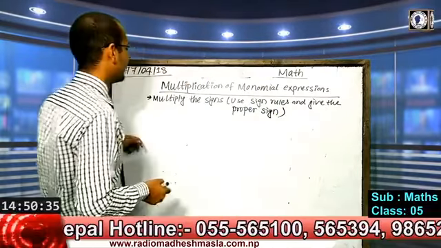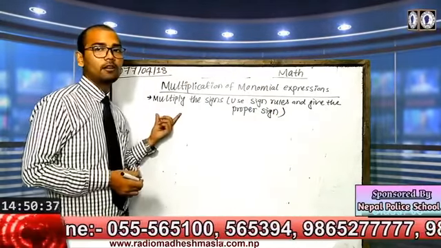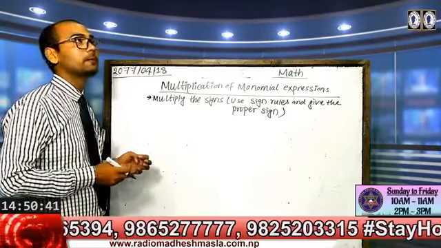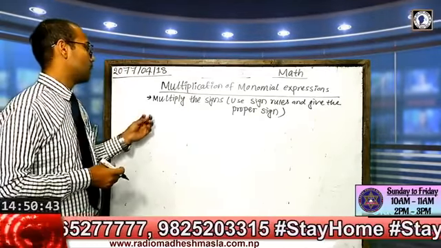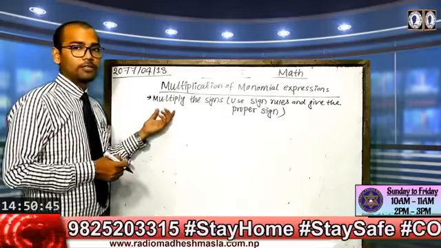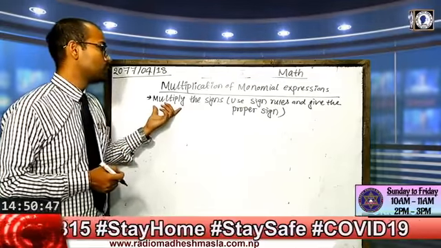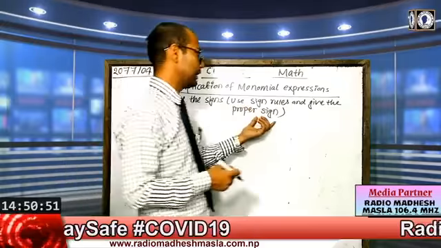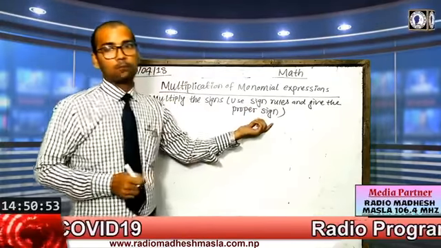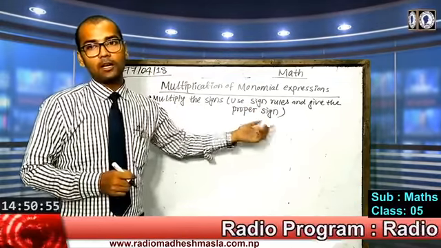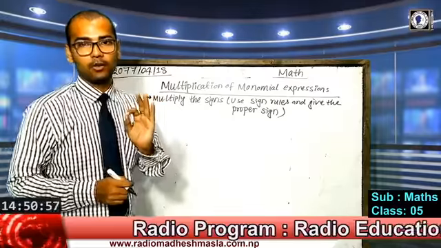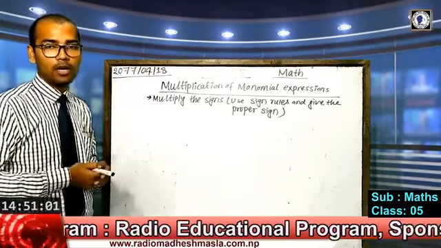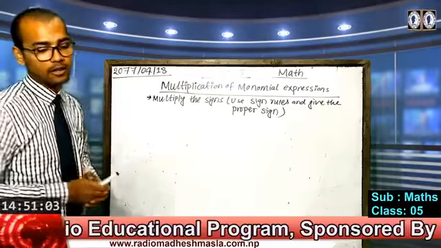Before multiplying the algebraic expressions or monomial expressions, first we need to multiply the sign. How? By using the sign rule to give the proper sign, whether plus or minus.